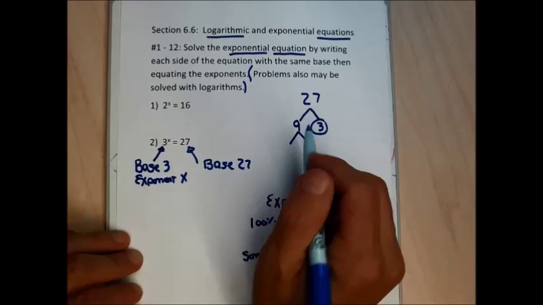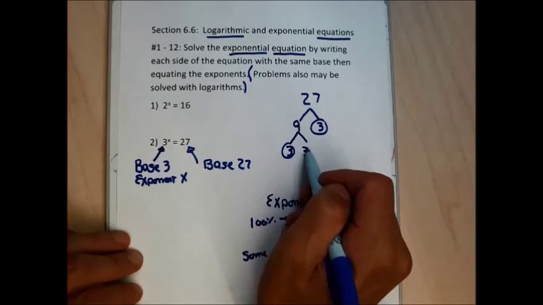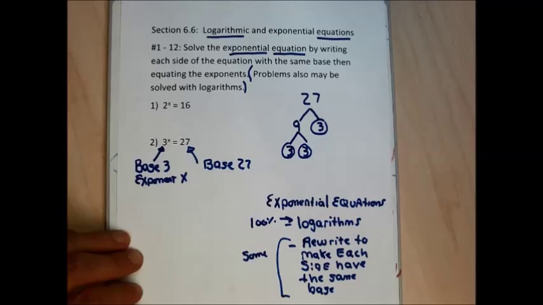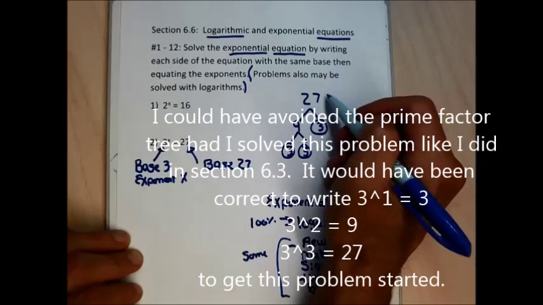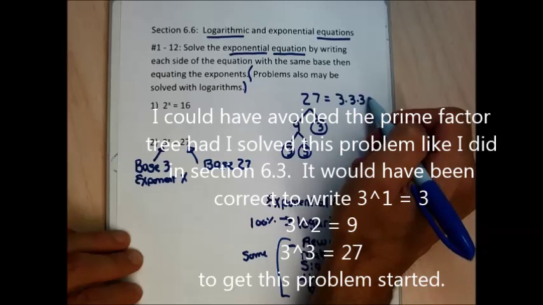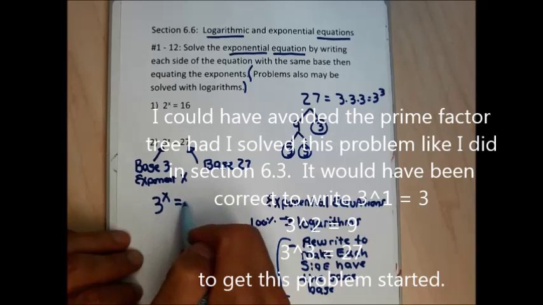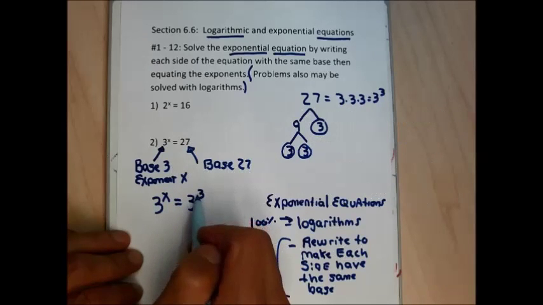So for this 9, I'm going to make a v under it and write the two numbers that multiply to be 9, which are 3 and 3. So this tells me that 27 is equal to 3 times 3 times 3, which is 3 cubed. So I can rewrite this problem as 3 to the x equals 3 cubed.